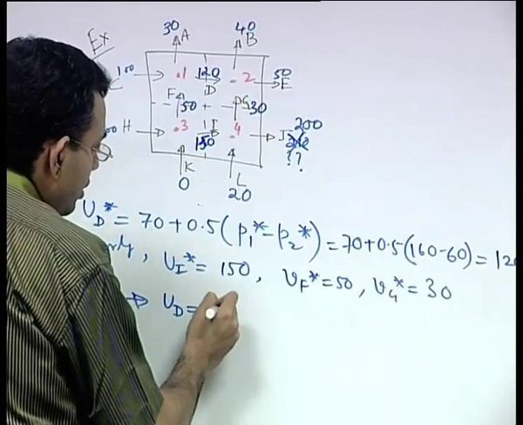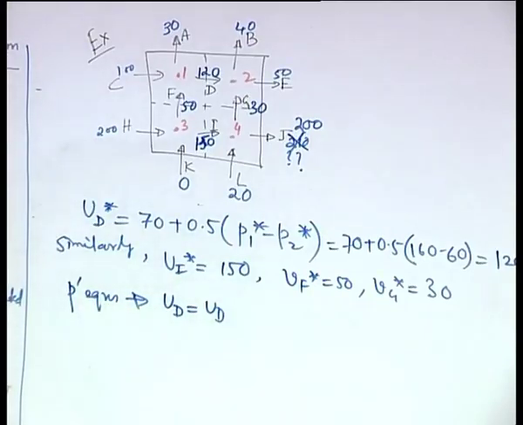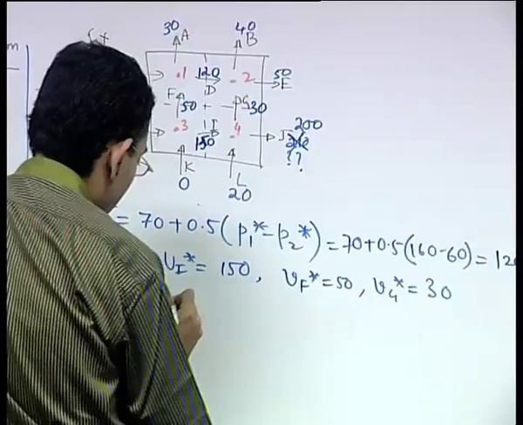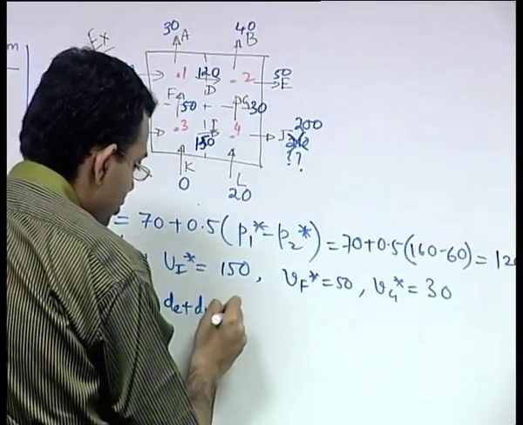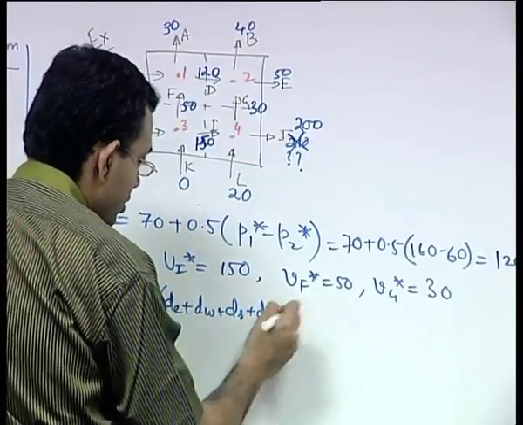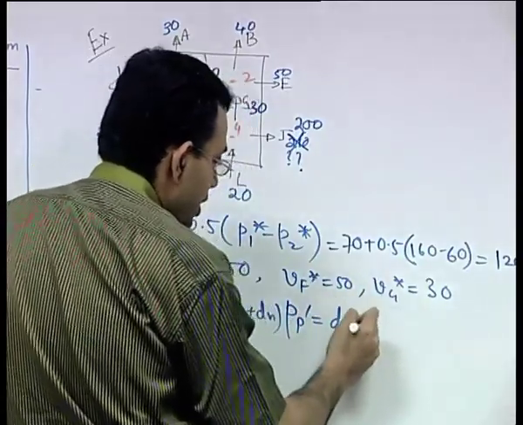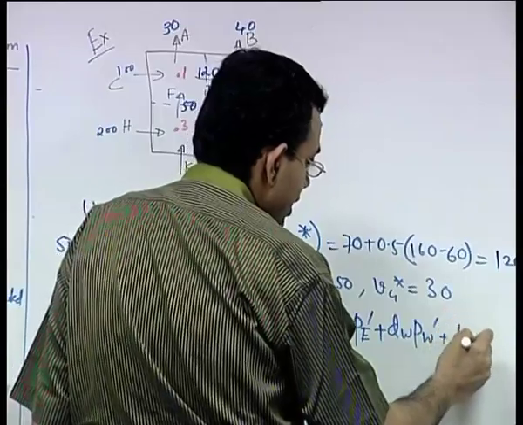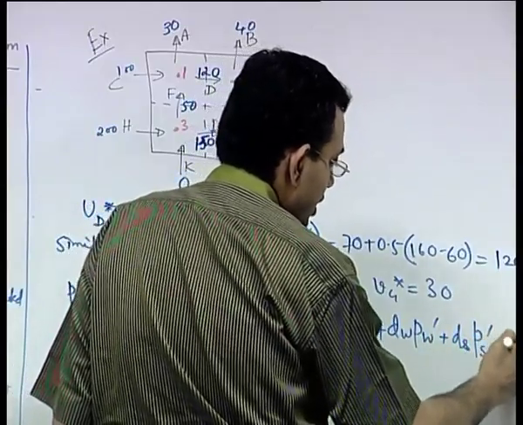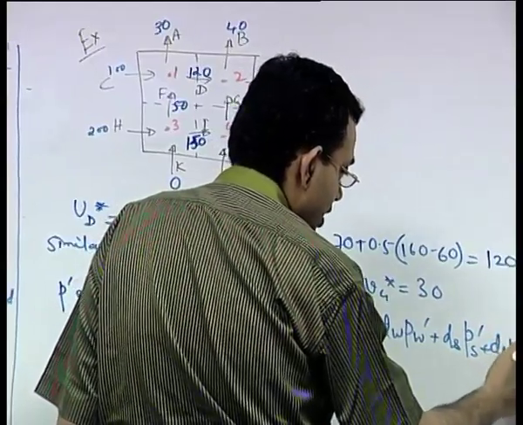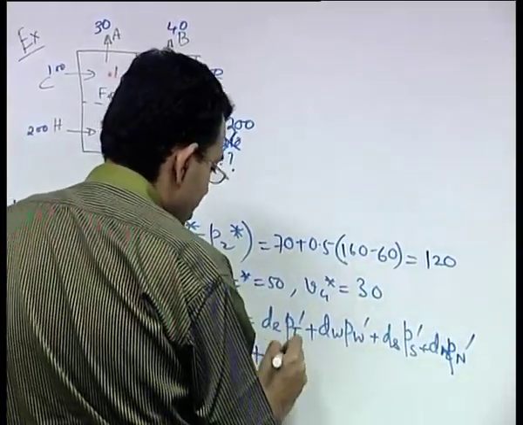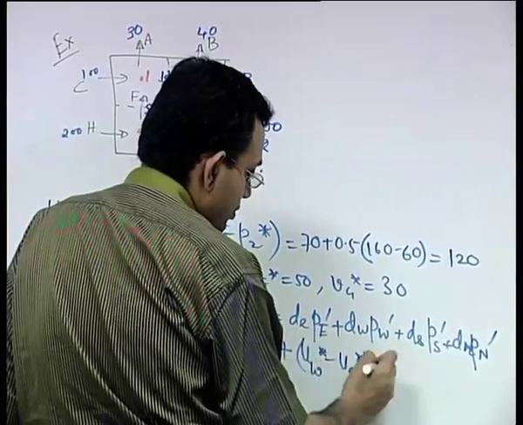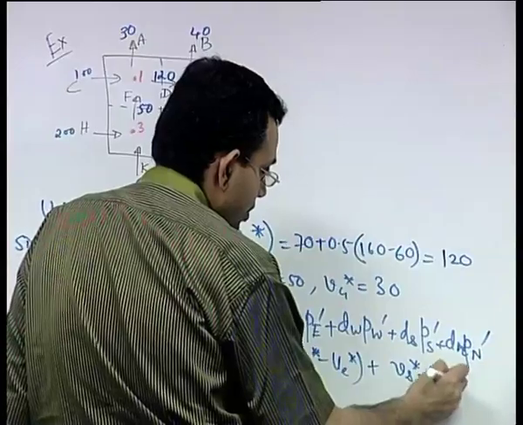UD, so P DE plus DW plus DS plus DN PP dash is equal to DE PE dash plus DW PW dash plus DS PS dash plus DN PN dash plus UW star minus UE star plus VS star minus VN star.